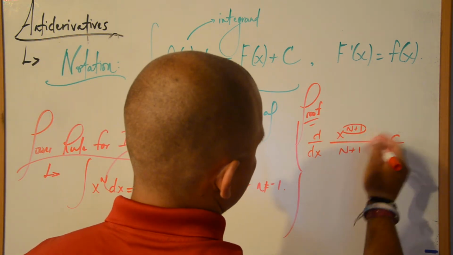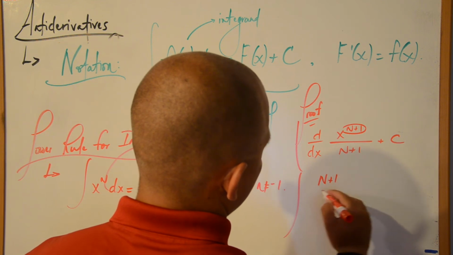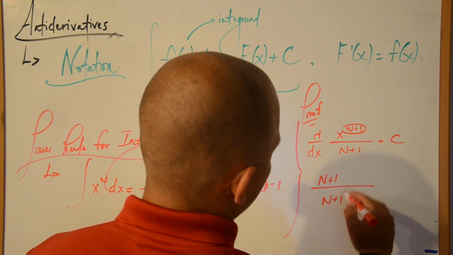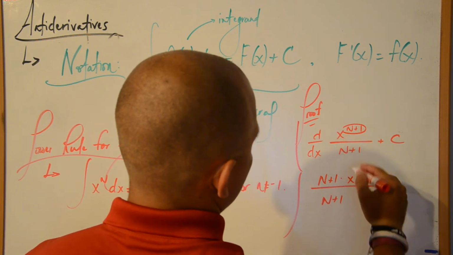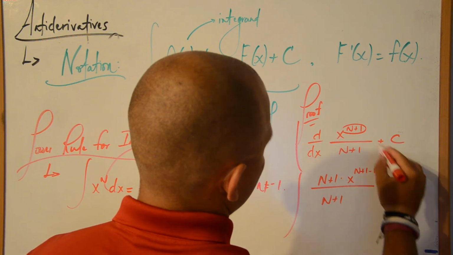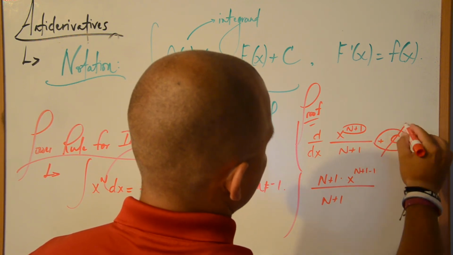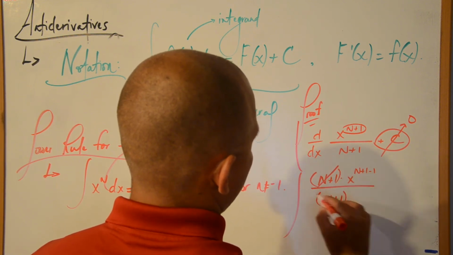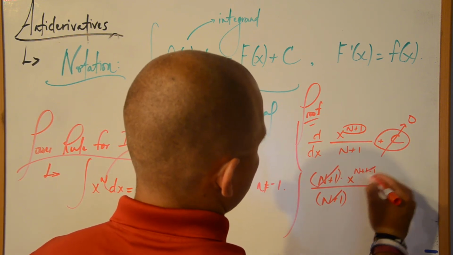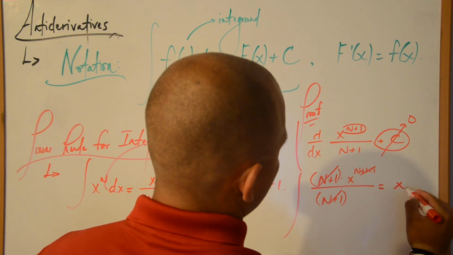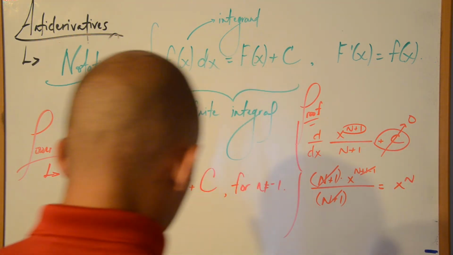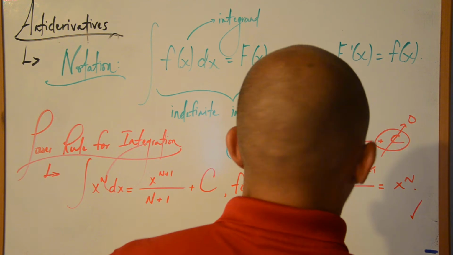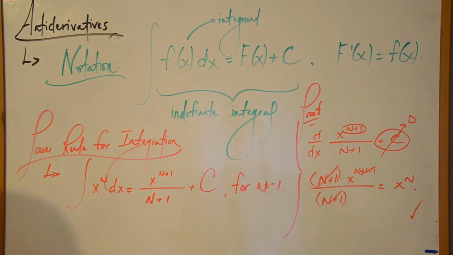So n plus 1 plops down, times x to the n plus 1 minus 1. The derivative of c is 0. This expression is going to simplify with this expression, and this 1 minus 1 is going to cancel, and we're left with x to the n. Ta-da! The power rule for integrals.